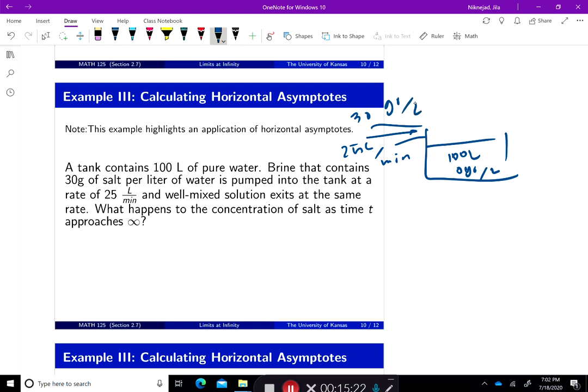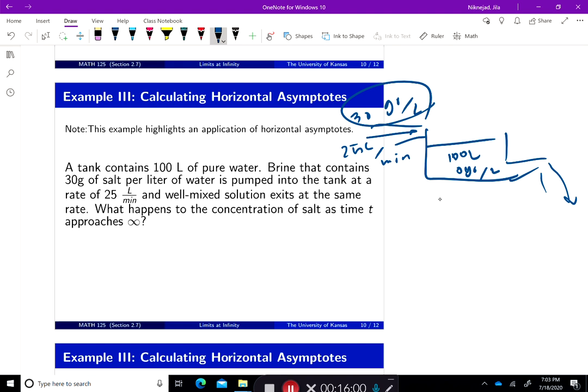And so as time passes, the solution exits at the same rate, 25 liters per minute. The new salty water comes in, mixes with the water that is already there, and then exits, right? And eventually, as time goes to infinity, all the water that was already in there is going to be washed out and replaced by this one.